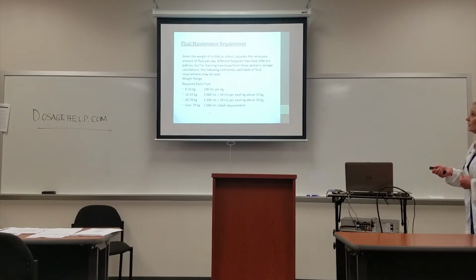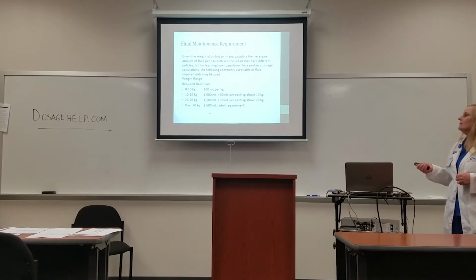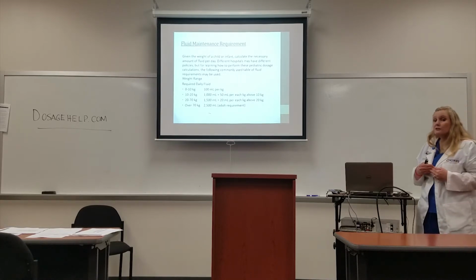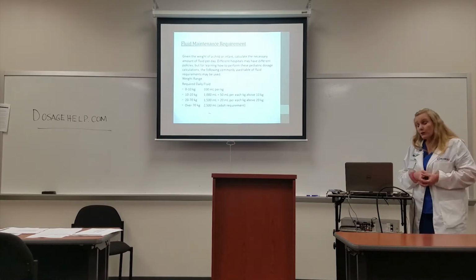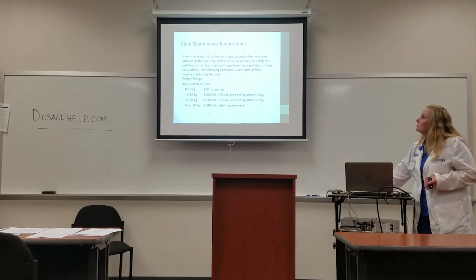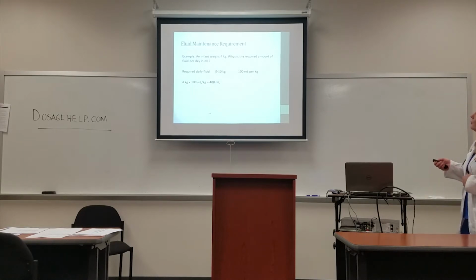Over 70 kilograms, they're going to need 2.5 liters or 2,500 mLs, and that is the adult requirement. The reason I'm putting this out is that there are multiple step questions coming, questions where you have to do multiple steps to do your calculation.